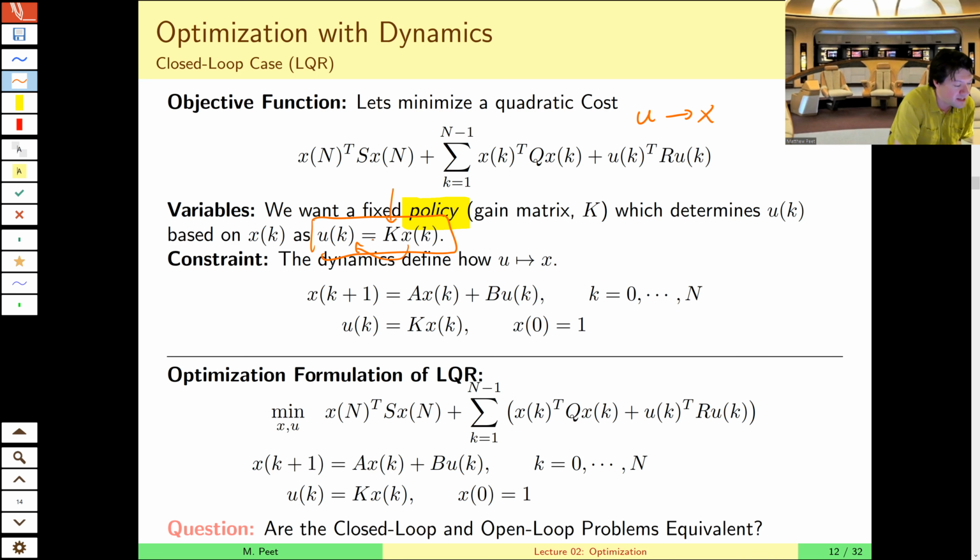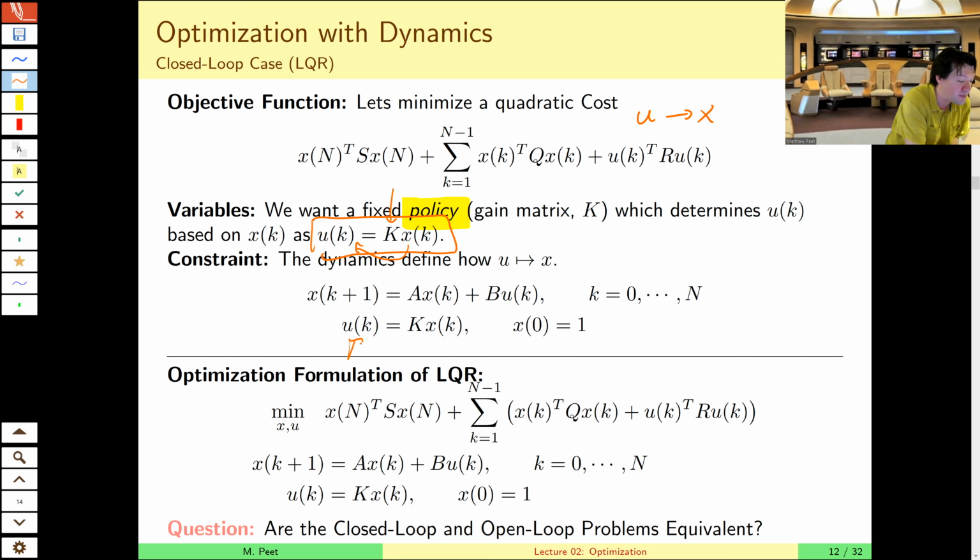So what this says is that we can eliminate, essentially, all of the variables x by just using this relationship here, u equals kx. So this dramatically reduces the size of the optimization problem.